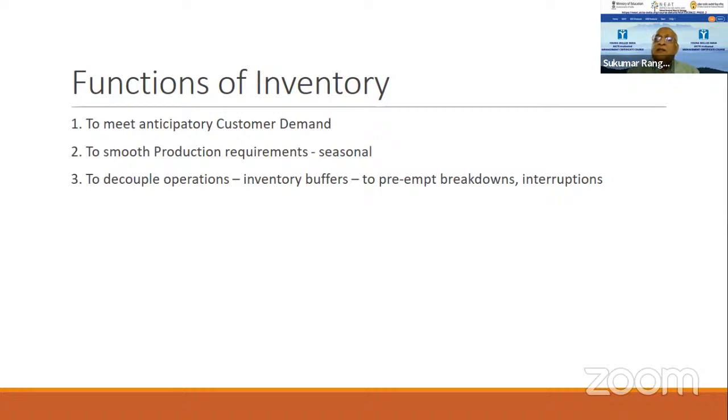Now, when that happens, suppose this is process number 3. And let us say there are 5 processes, on a very simple basis, 1, 2, 3, 4, 5. So processes 4 and 5 will not happen, or at least it will stop after some time, as long as they have a buffer stock available for processing for 4 and 5. Now, if they don't have the buffer, then the whole thing comes to a standstill. Only 1 and 2 will be producing. It will get accumulated for process number 3 to take place. So to decouple operations, you keep inventory buffers.